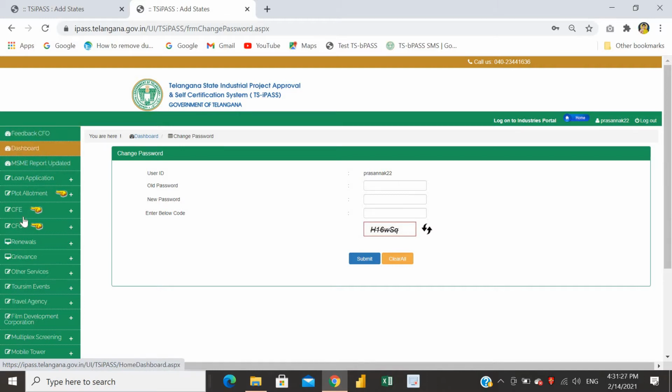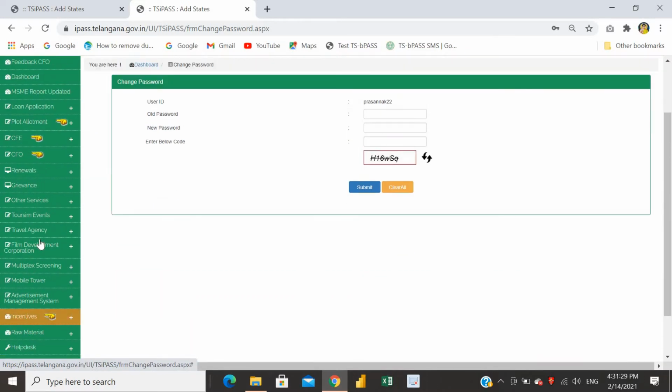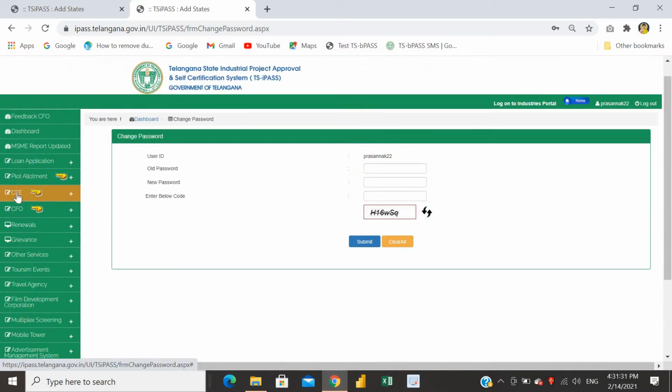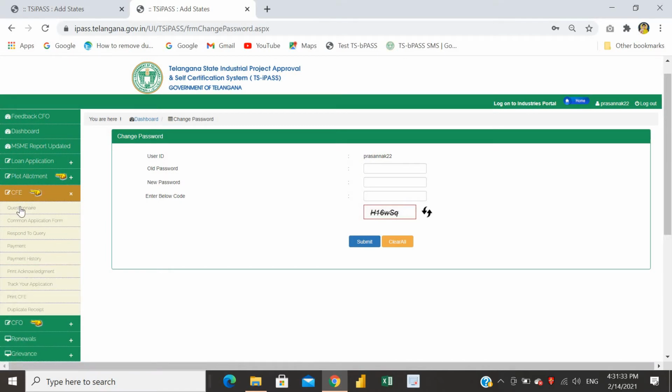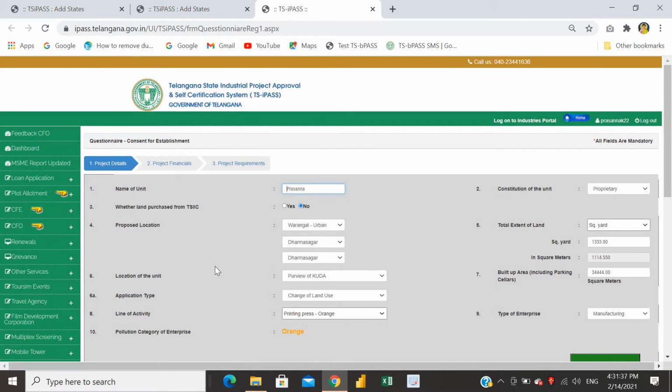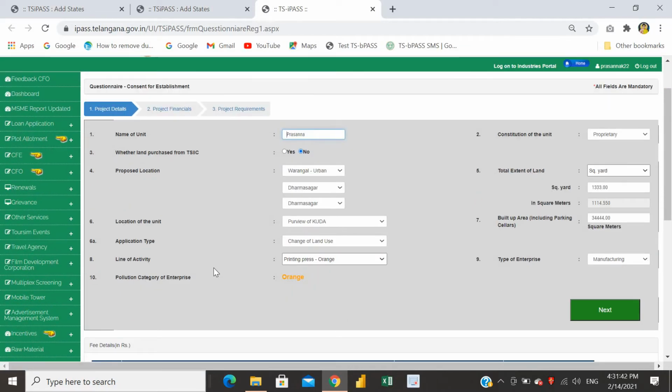On the left hand side you can see the different types of services. As we are dealing with only the CFE questionnaire, click on CFE, go to questionnaire, and now the screen opens like this. The CFE questionnaire is divided into three parts: project details, project financials, project requirements.